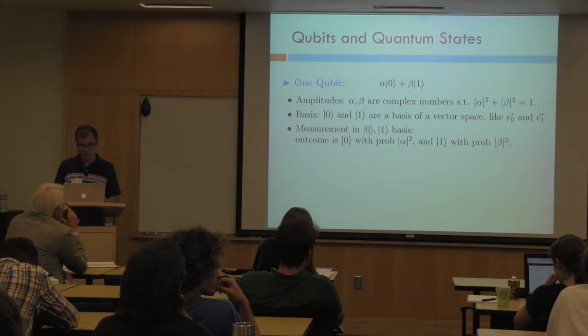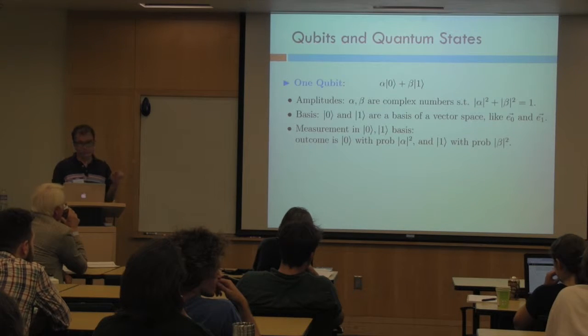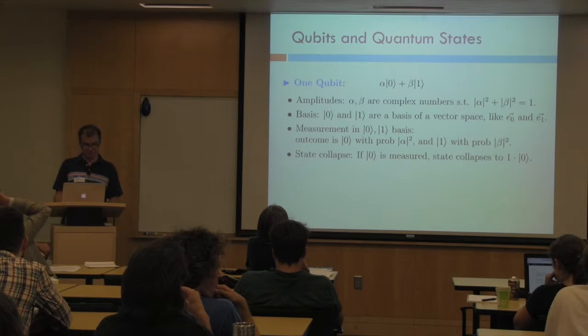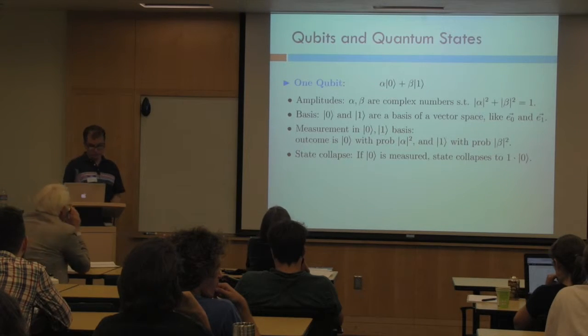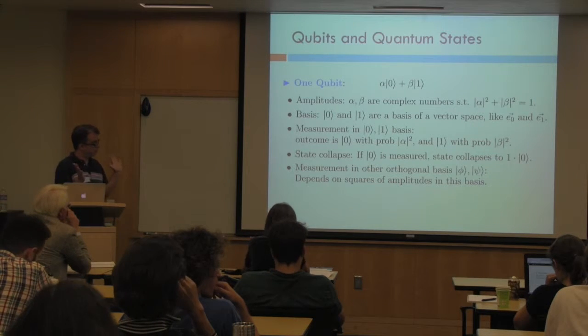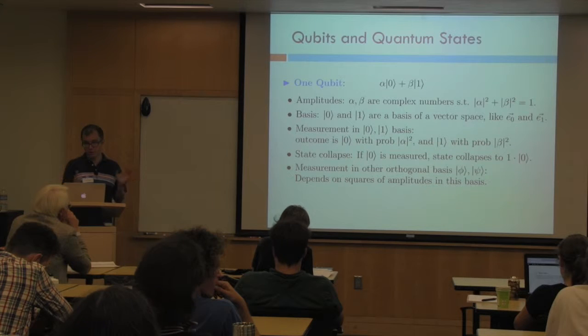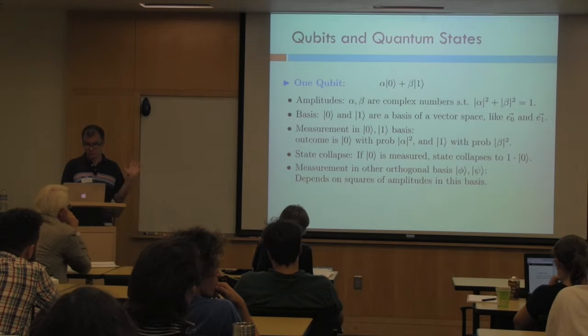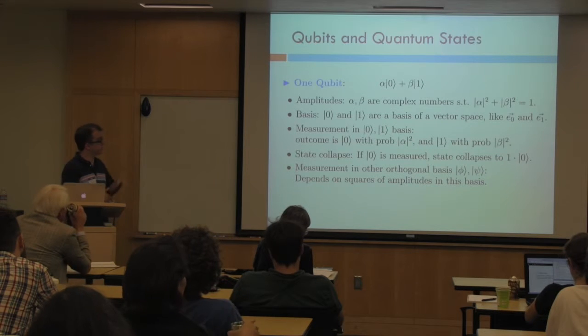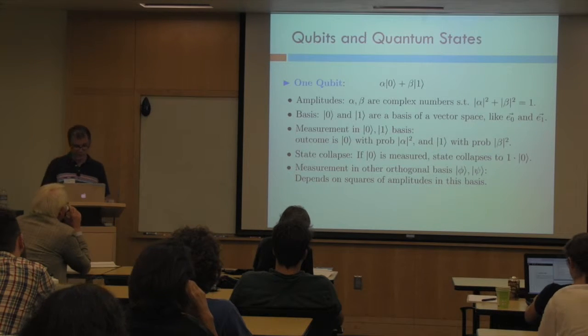It'll collapse to state 0 with probability alpha squared, and state 1 with probability beta squared. If you choose some other orthogonal basis to measure in, then the probabilities of phi or psi depend on the squared amplitudes of that vector in that basis.